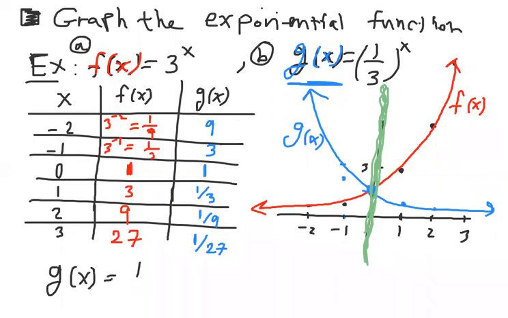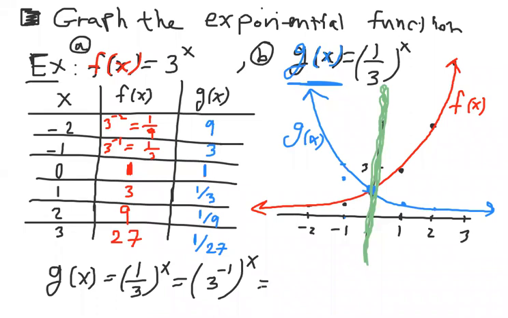So g of x is equal to (1/3)^x, right? This is equal to 3 to the -1, everything to the x. Now we multiply the -1 with the x. What does that give me?